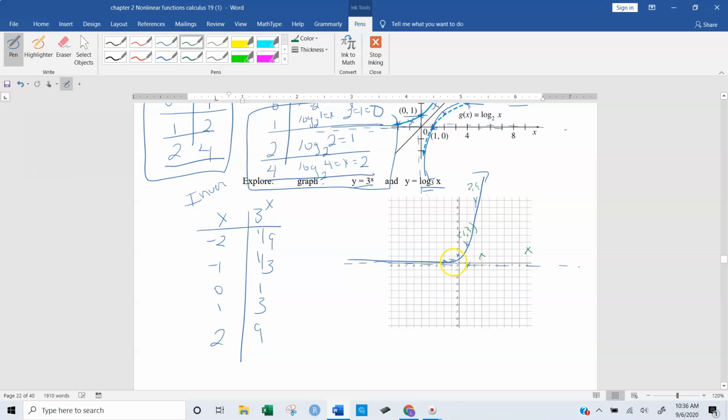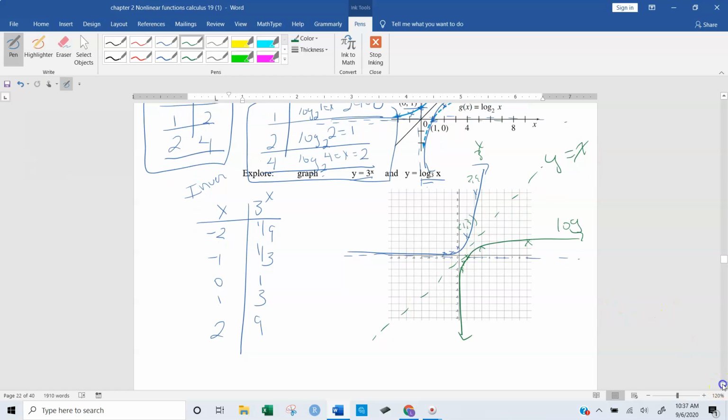Instead of -1, 1/3, I'm going to graph 1/3, -1. -2, 1/9. And this is my inverse function, or my log. So this is the log and this is the exponential. And if you look, they are symmetrical around y equals x, just like our other inverse functions.